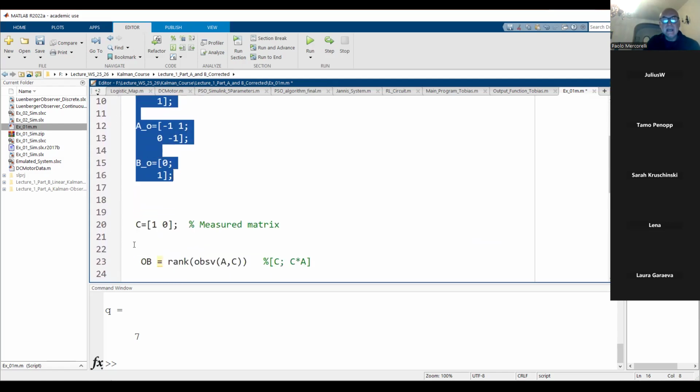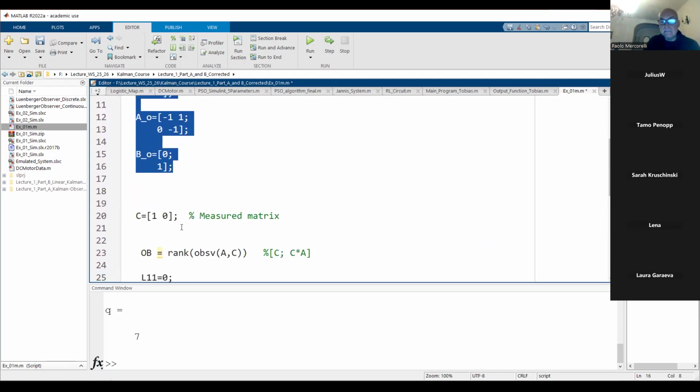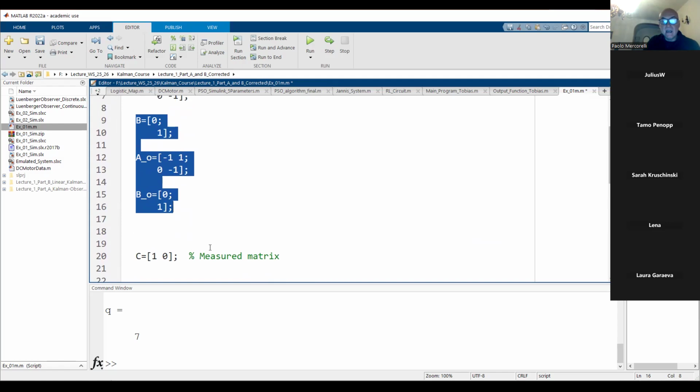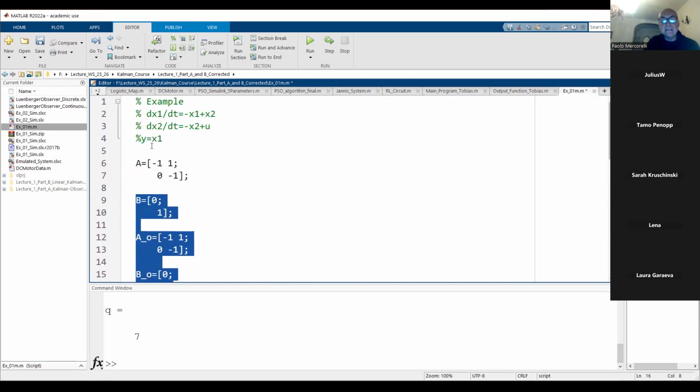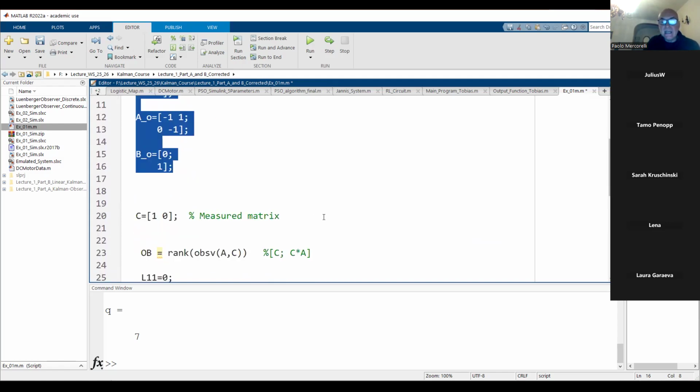Matrix A and matrix C of the system, in particular C equal 1, 0 means y equal x1. Let me write here a possible comment. After this symbol here, percentage, everything is a comment. This means no meaning for MATLAB, a meaning for us, but not for MATLAB.